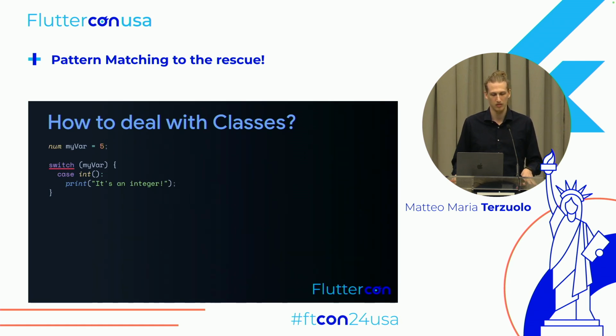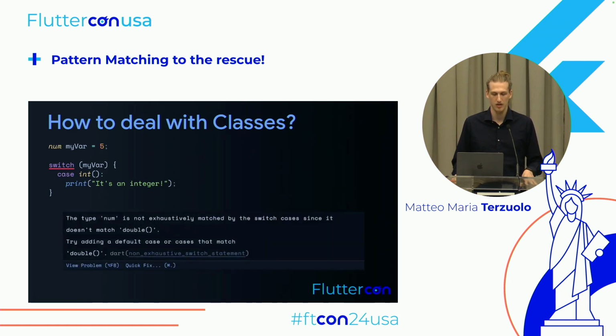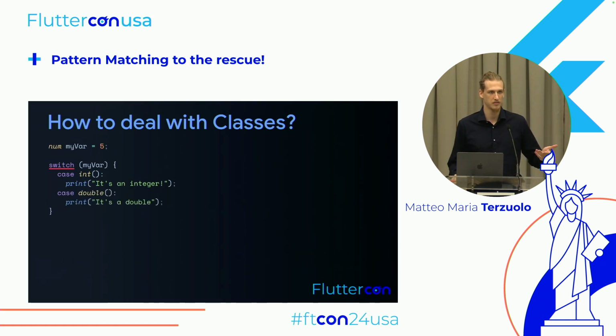Why? Because it's not exhaustively matched. The Dart compiler is going to tell us, okay, you checked for an int, but a num can be something else. So you have to check all the cases, or put a wildcard to handle all the other values that variable can be.